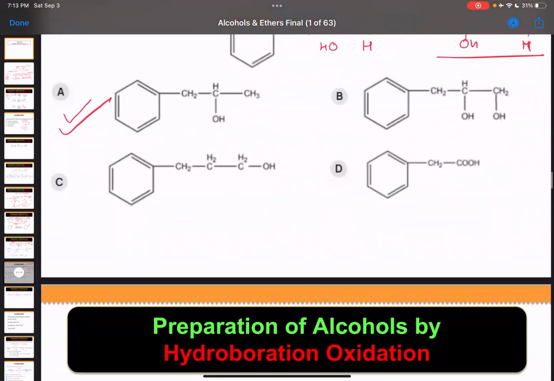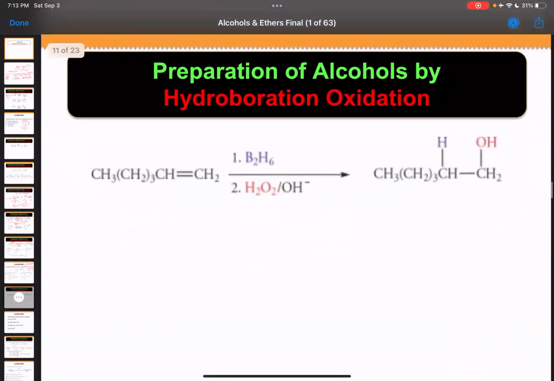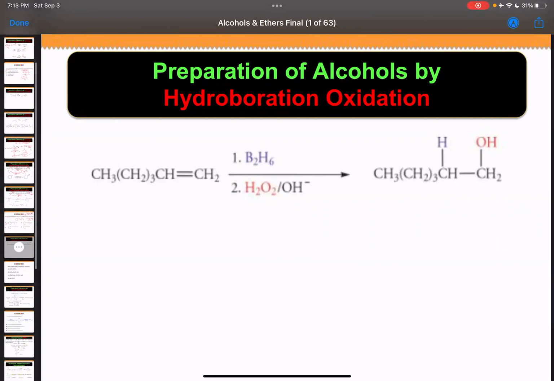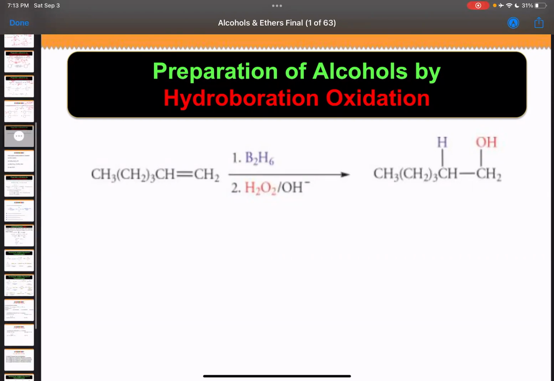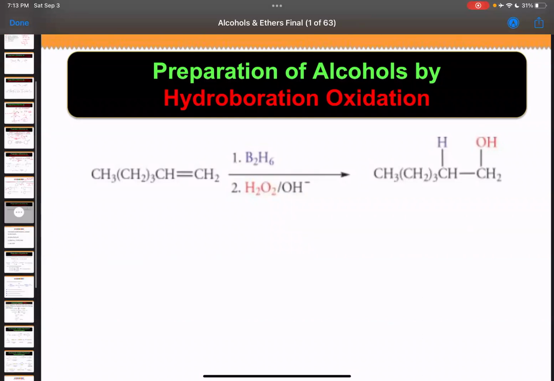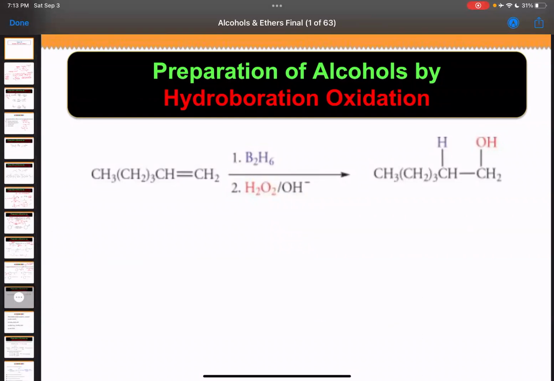Okay, good. So till now we have seen only Markovnikov addition, in which we were adding the OH group inside. We were having a double bond, and because the inside carbon is more branched, if it is an unsymmetrical alkene, everywhere we were observing that the OH group was getting connected to the internal carbon.